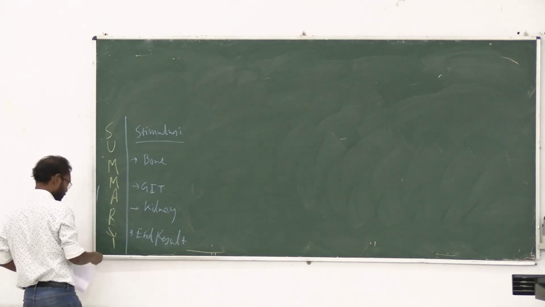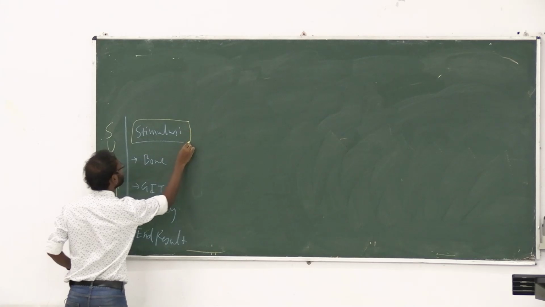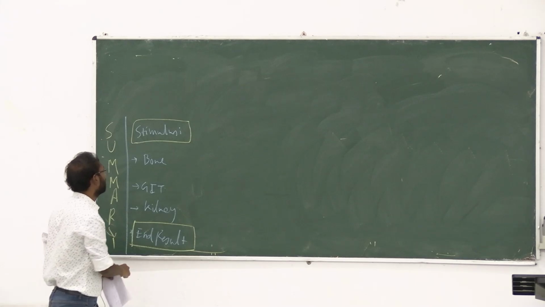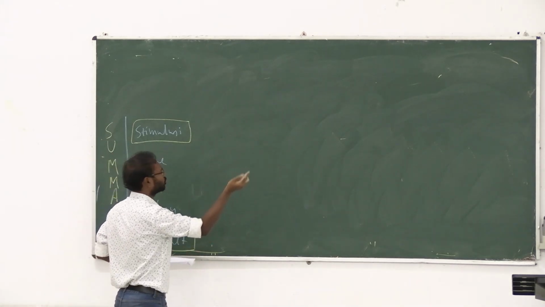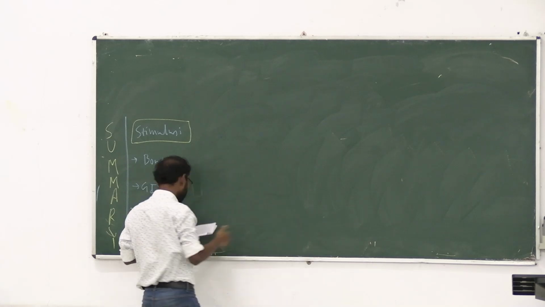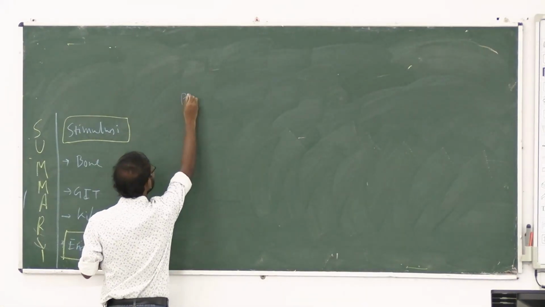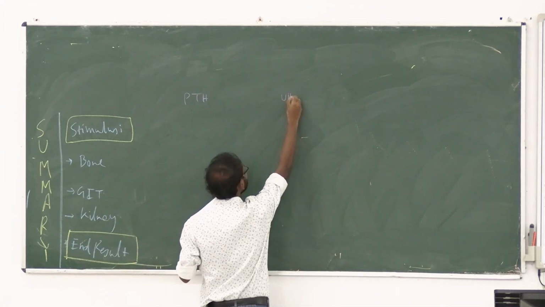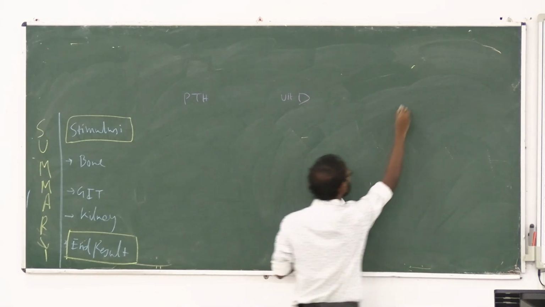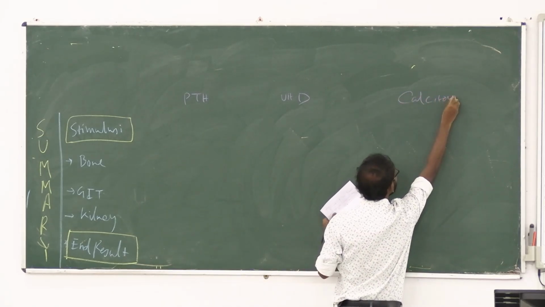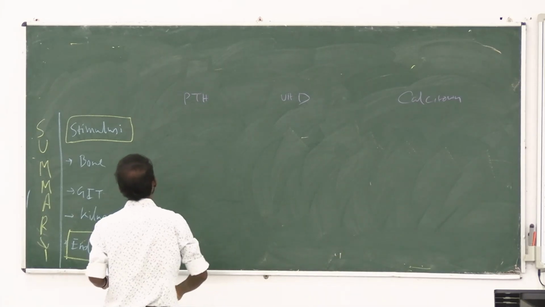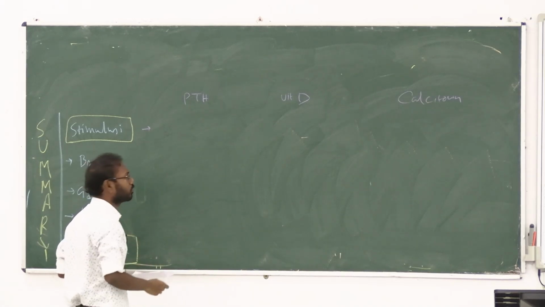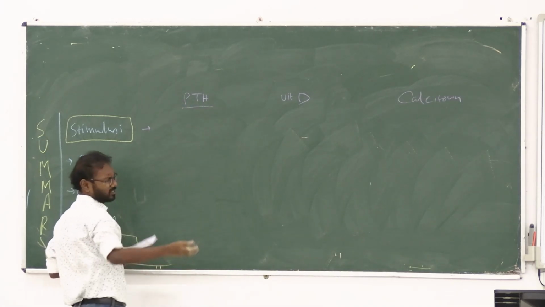So there is a stimulus, there is an end result, and in between write down three organs. And you should also write the three hormones we talked about: PTH, and what were the other two? Vitamin D, and the other? Calcitonin. Now what was the stimulus for PTH? Open your notebook from the previous day and match every item.